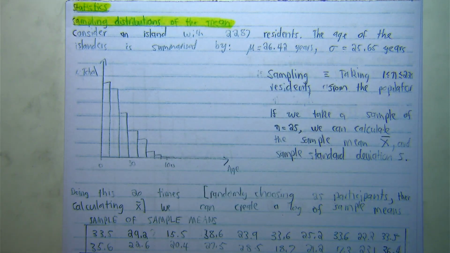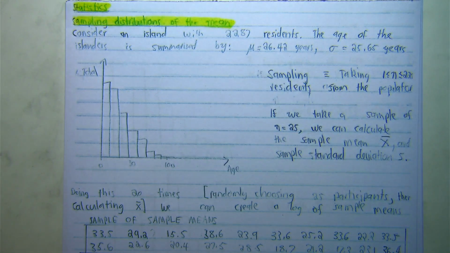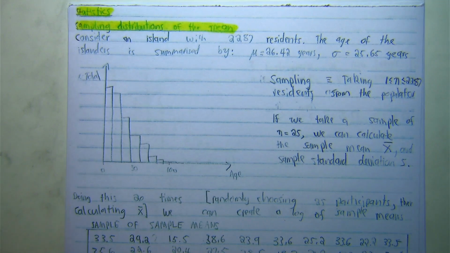Okay, so what is a sample? Well, a sample is taking a group of islanders randomly from the 2,287 residents. So that could be one islander, or that could be all of them. And if we were to take a sample, we can calculate the mean of that sample.